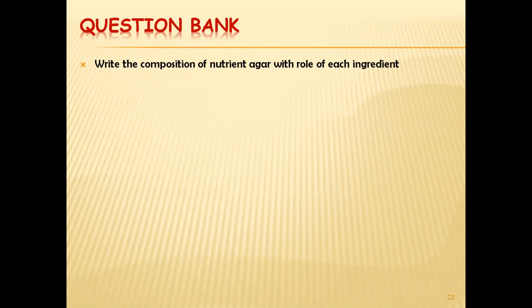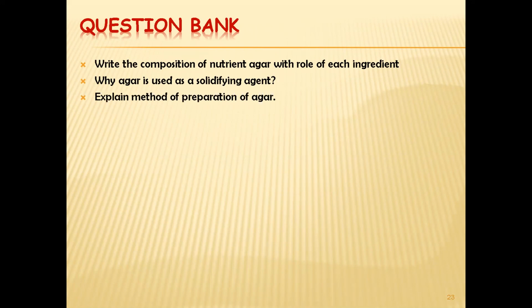So possible questions asked will be: write the composition of nutrient agar with the role of each ingredient. Why is agar used as a solidifying agent? Explain the method of preparation of agar. Give classification of culture media.